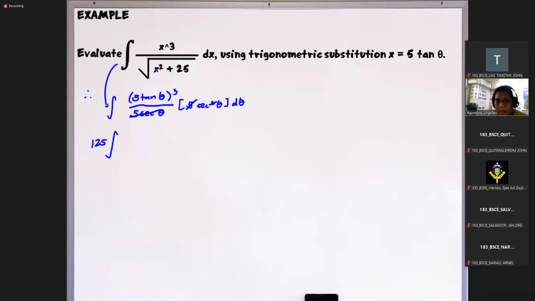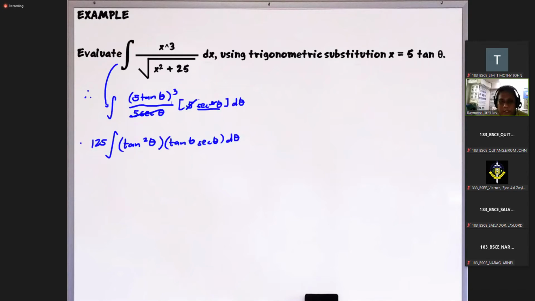Dito, ang gagawin ko, paghihiwalayin ko yung tangent squared saka tangent. So we can write this as tangent squared theta multiplied by tangent of theta, tapos meron ka pa ditong isang secant of theta, d theta.